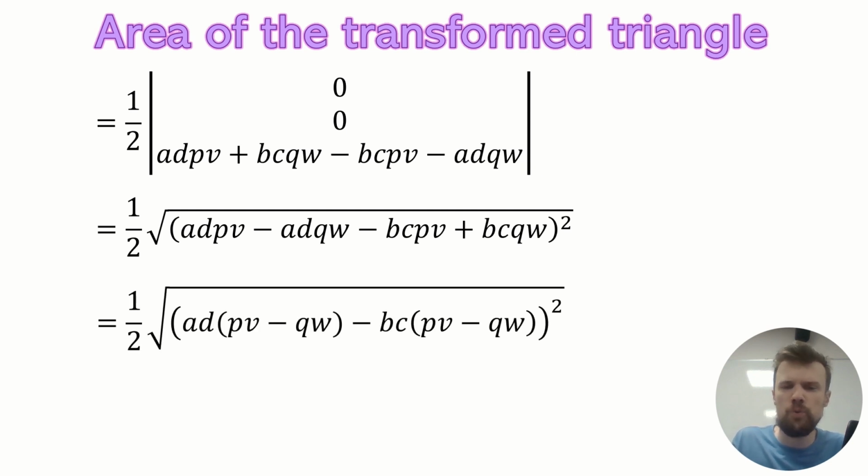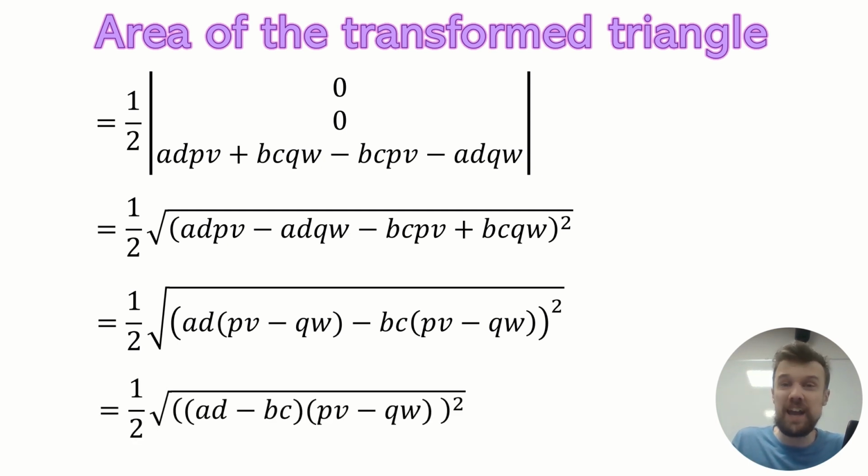So therefore, we're going to end up with this. I have also chosen to factor out minus BC out of those second two terms rather than just BC, and you'll see why, because now it means we've got a factor of PV minus QW in both of those things, which means we can factorize that out of the entire thing. So therefore, we end up with AD minus BC, lots of PV minus QW. Nice, you can probably see where this is heading now.